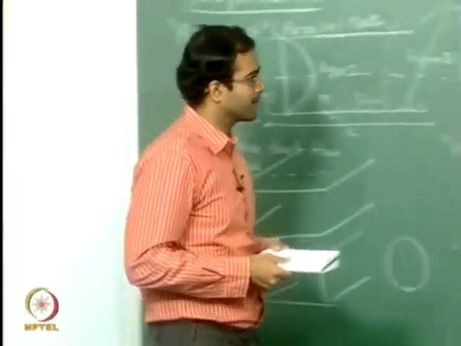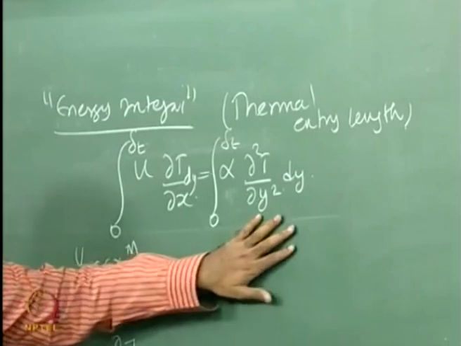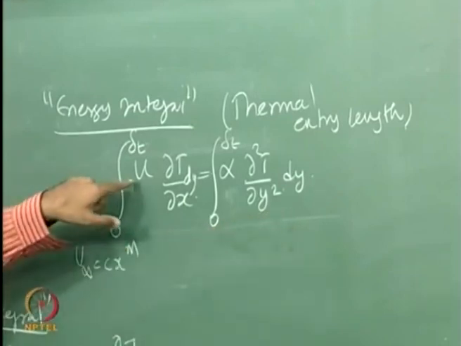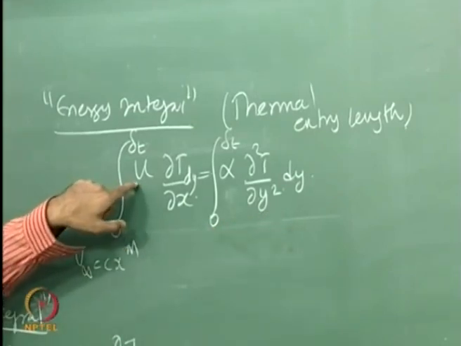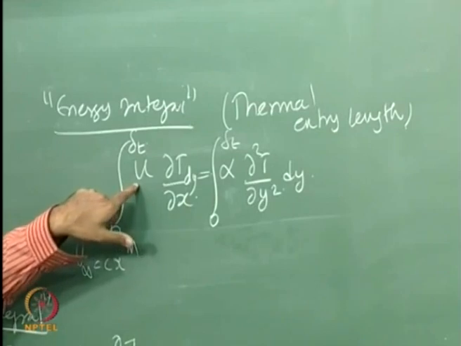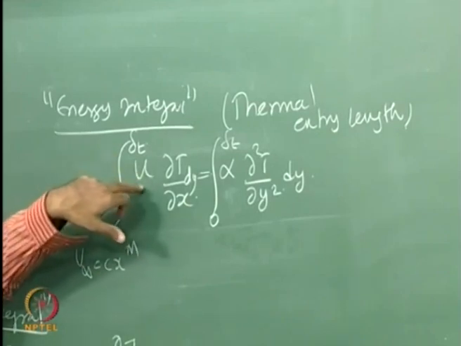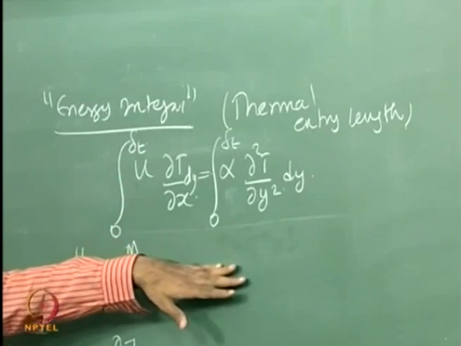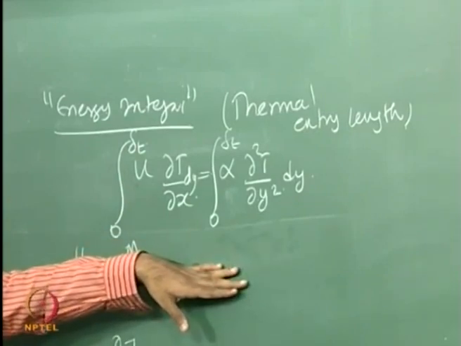If you look at the energy integral as such, if you know the fully developed velocity profile, which you already know from your analytical solution, that can be substituted here and then you can directly use the integral method for calculating the temperature profile.